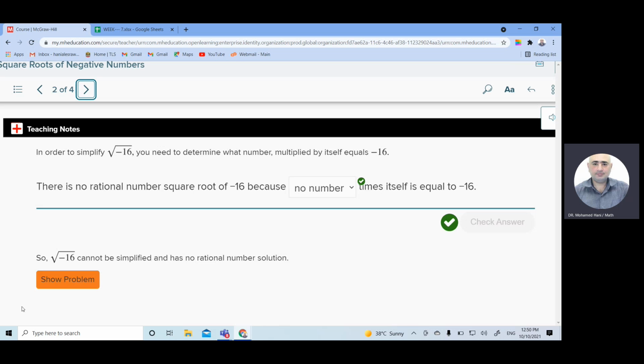So I want all of you to write here: radical minus 16 cannot be simplified and has no rational number solution. Just write this.